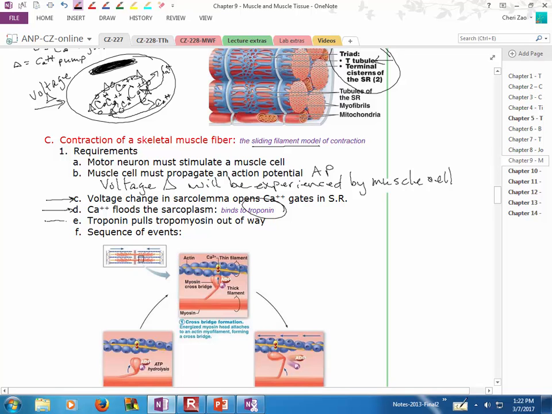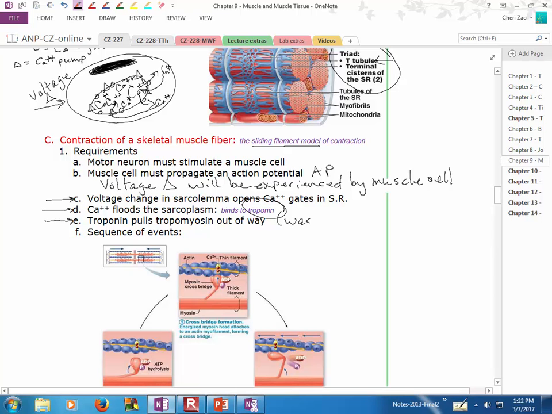Troponin is then going to pull tropomyosin out of the way, because tropomyosin, without calcium, is covering up the binding sites that exist on those actin little beads for the myosin heads. So troponin pulls tropomyosin out of the way.